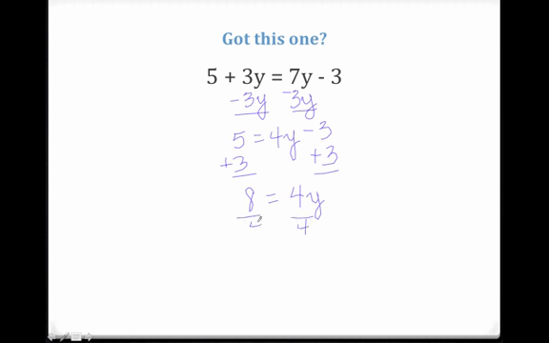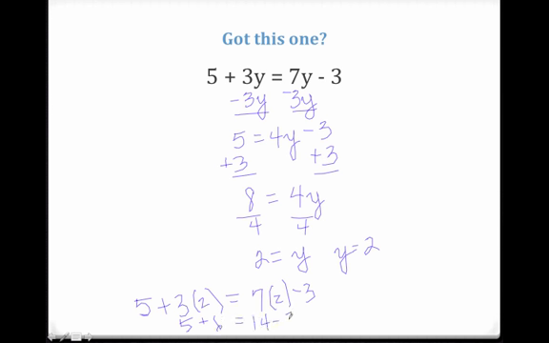So hopefully you're doing the same work and coming up with the same answers. So 2 equals y or y equals 2. You can have that either way. And go back and check. 5 plus 6. Is that equal to 14 minus 3? Yes, 11 equals 11.